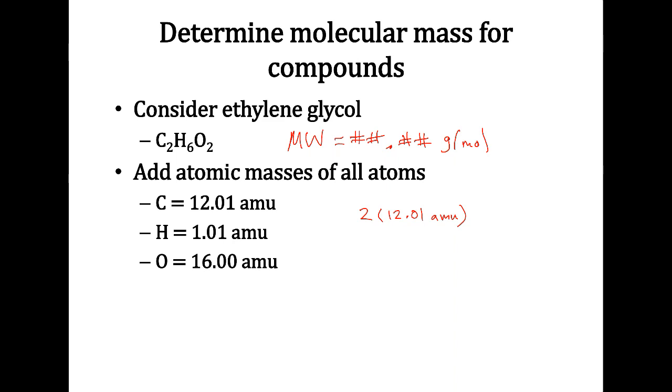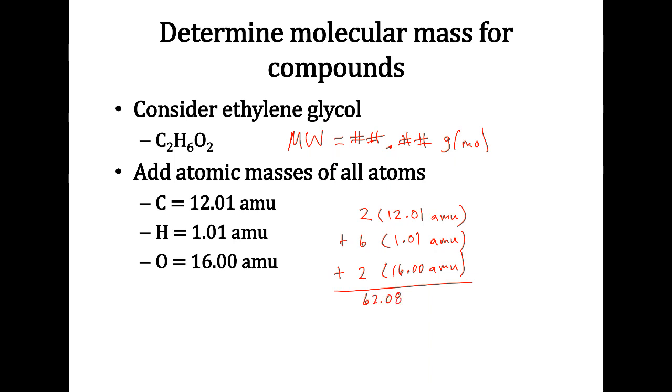We have 6 hydrogen atoms. So it'll be plus 6 times 1.01 AMU. And we have 2 oxygen atoms. So that'll be plus 2 times 16.00 AMU.